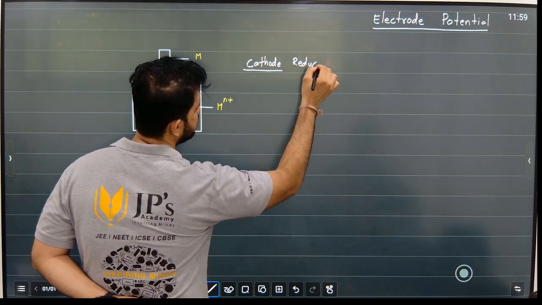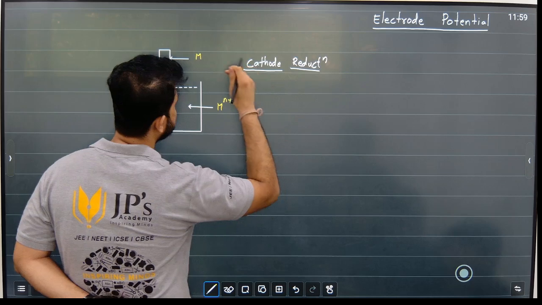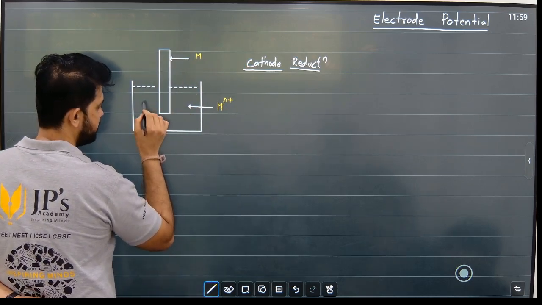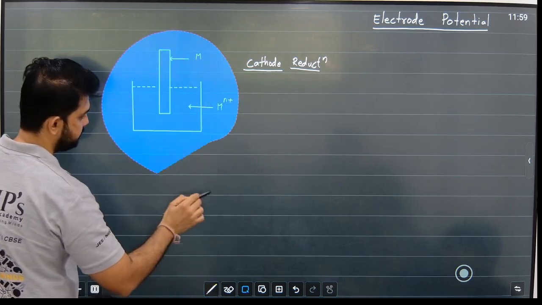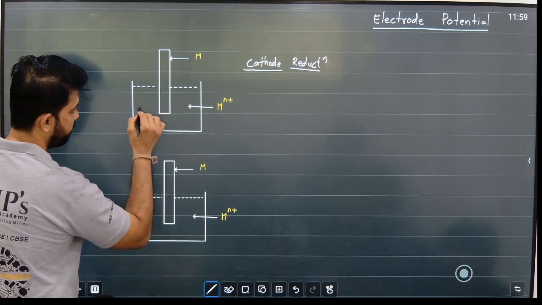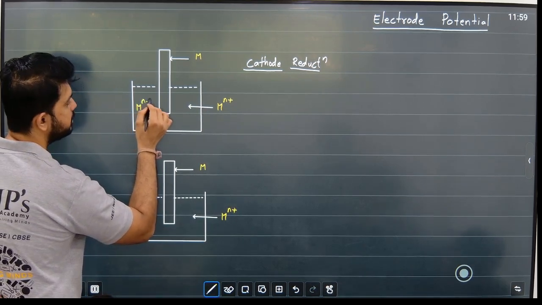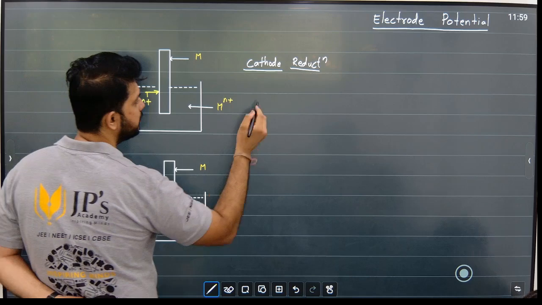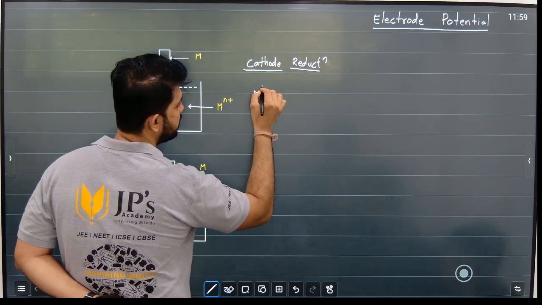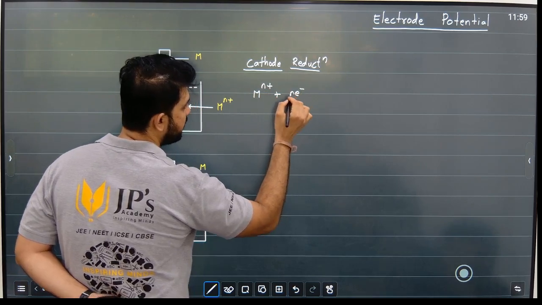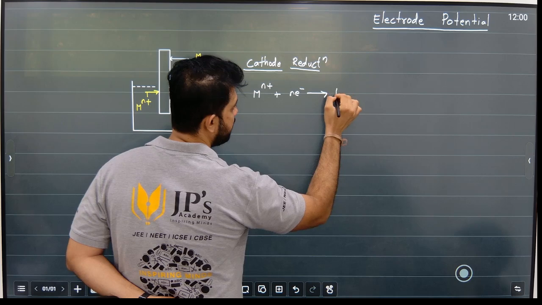And क्या process होगा? The ions which are present in the solution will accept electrons and they are deposited on the rod. What is the equation that we wrote? Mn plus plus ne minus becomes M solid.